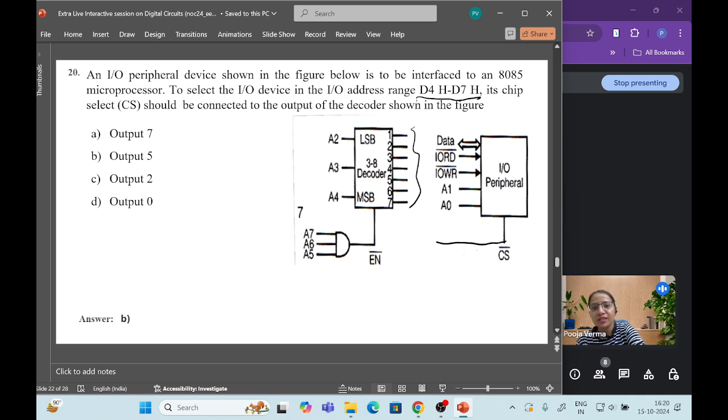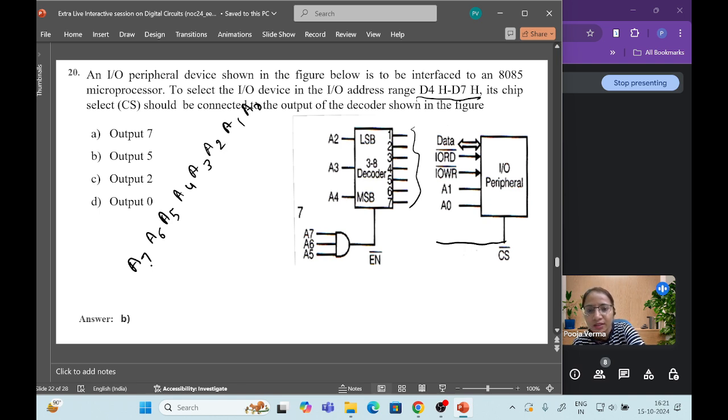So the address range is given, that is D4 to D7. So what will be the address lines? That is A7, A6, A5, A4, A3, A2, A1 and A0.